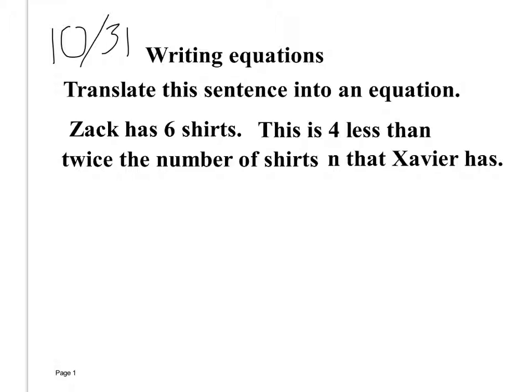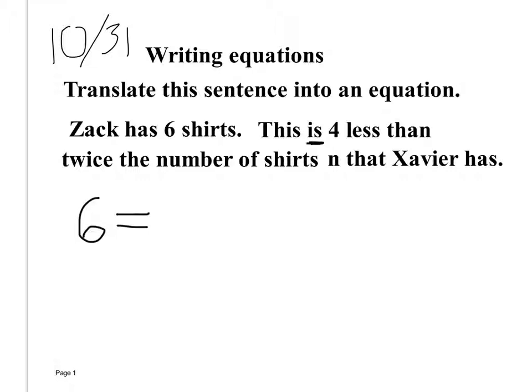This says Zach has 6 shirts, so anytime I see a number I just write it down. Remember when we did this before, when we saw "is," what sign in math? Equal sign. So we say 6 equals 4 less than.